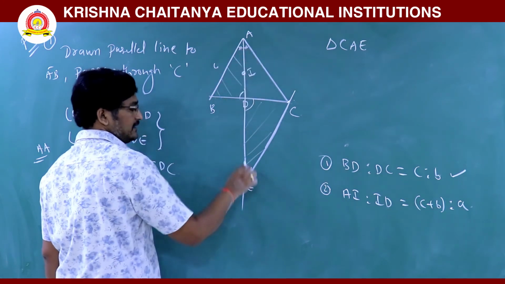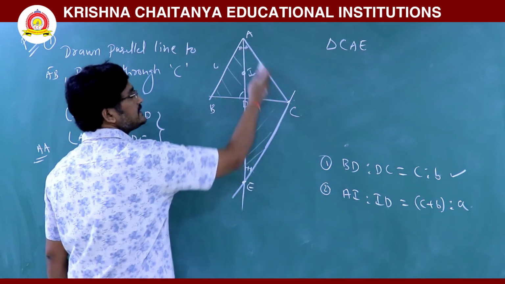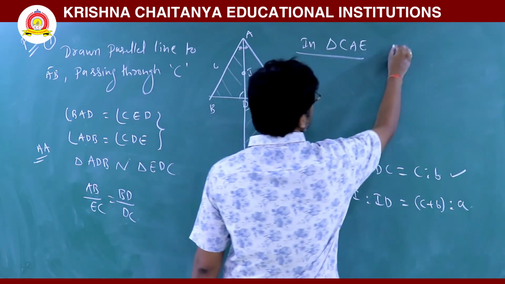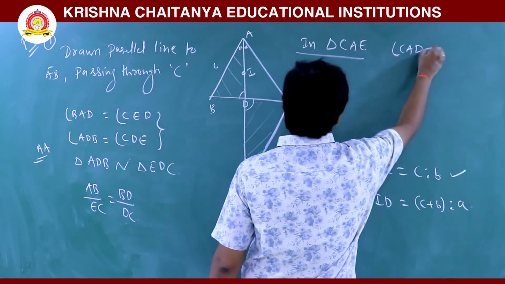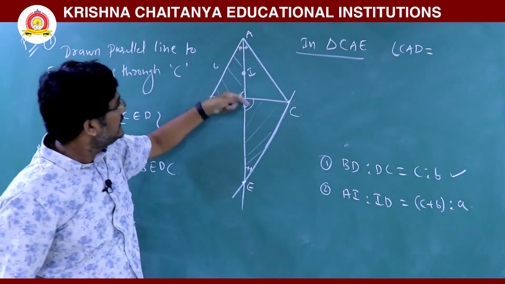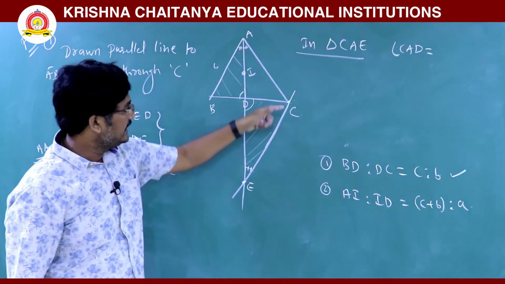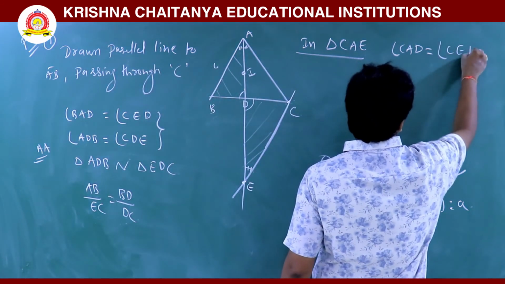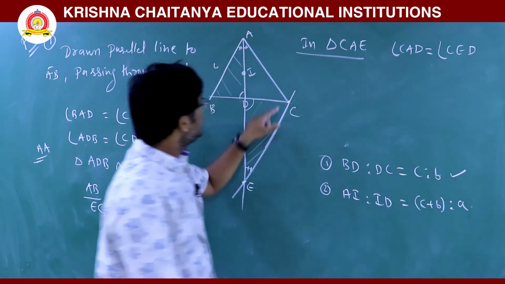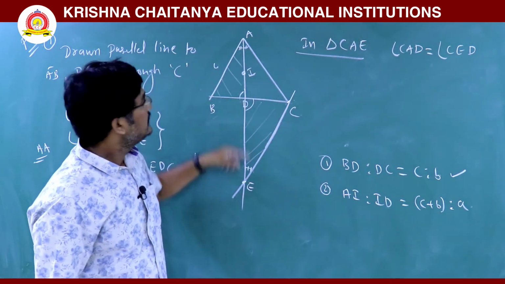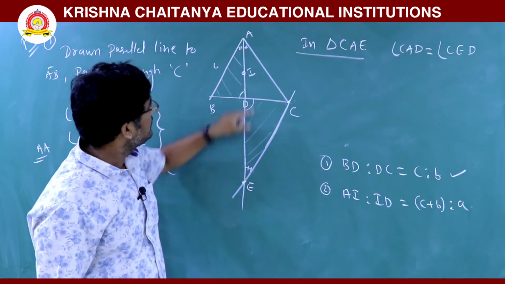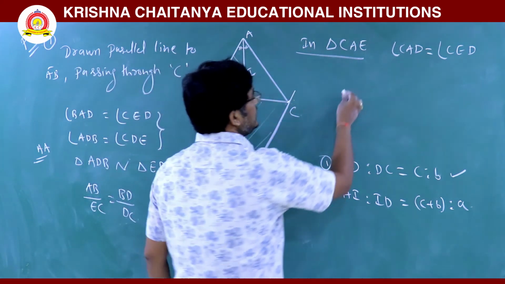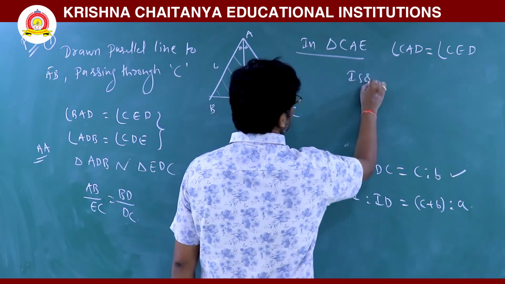Automatically, angle CAD is equal to angle CED. That means in triangle CAE two angles are the same, so it is clear this is an isosceles triangle.